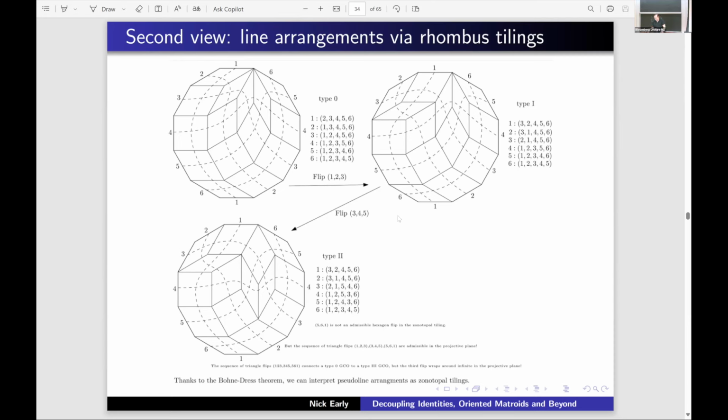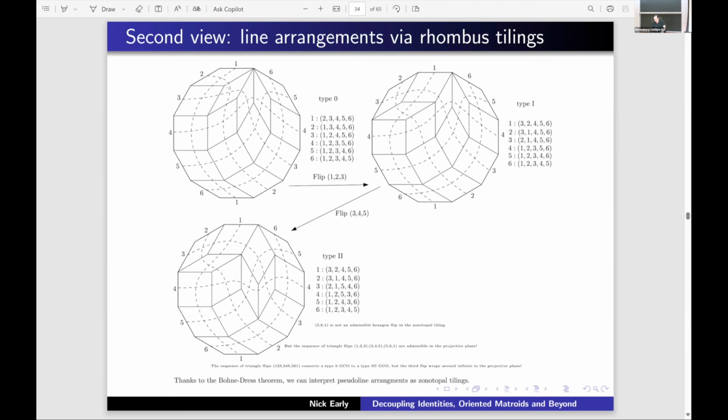So in that case, this is the standard Parke-Taylor factor, where you see triangular regions for 1, 2, 3, 2, 3, 4, 3, 4, 5. And you can mutate by flipping triangles. So we have 1, 2, 3.